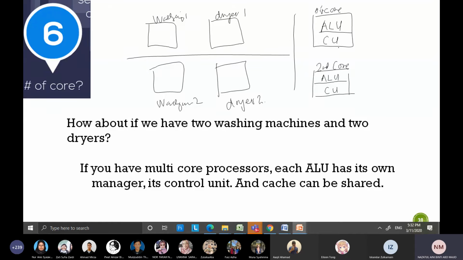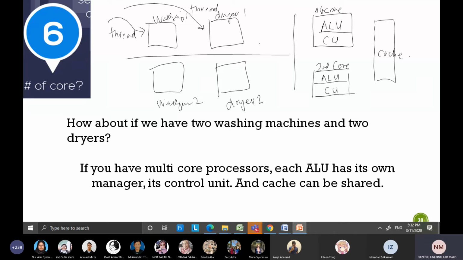So can you find the difference here? They might share the cache. Before this we had one thread. Now one thread goes here and another thread goes there. So my question is, can we execute more processes here in the multi-core? Yes.